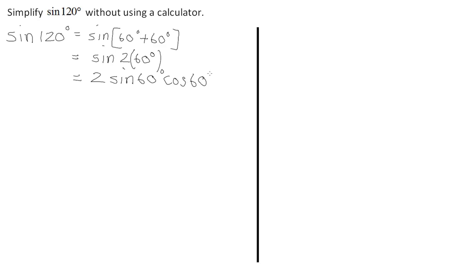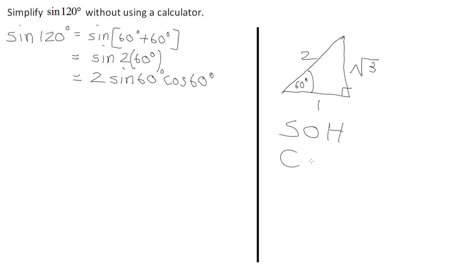I am not allowed to use a calculator, so now I'm going to draw the sketch for 60 degrees. There's the 60 degrees. That is 2, that's 1, and that is square root of 3. And then obviously my famous mnemonics, SOH CAH TOA. And now I'm just going to substitute 2 bracket for sine 60 degrees, bracket for cos 60 degrees.